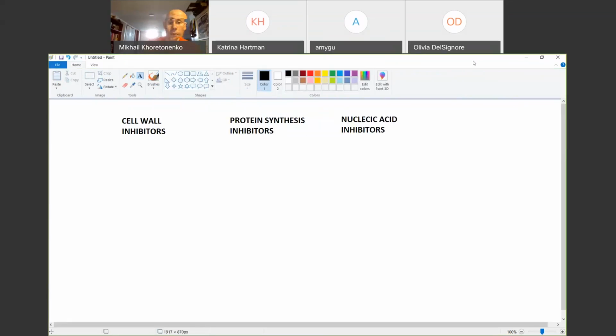So cell wall. What about cell wall inhibitors? So what we've got here, we have three big groups. We have beta-lactams, right? We have glycopeptides.